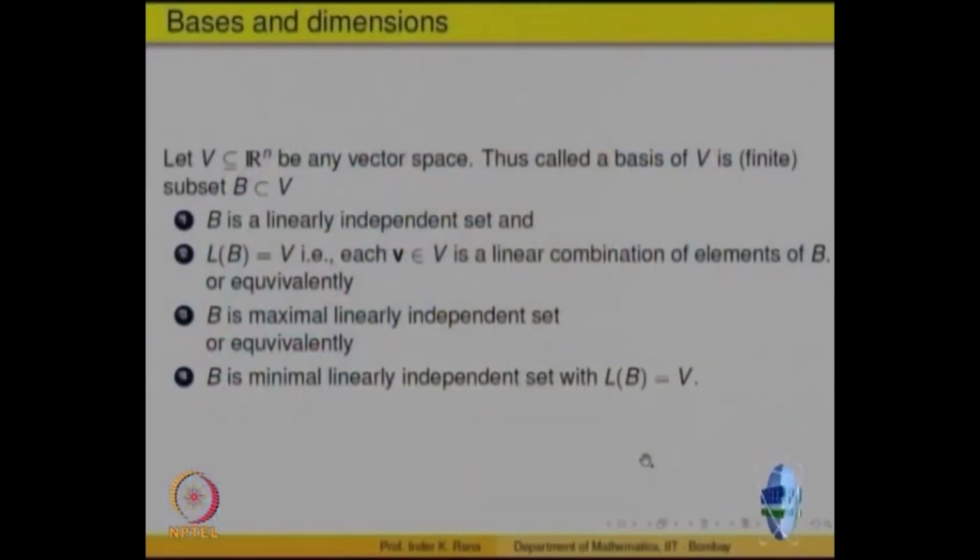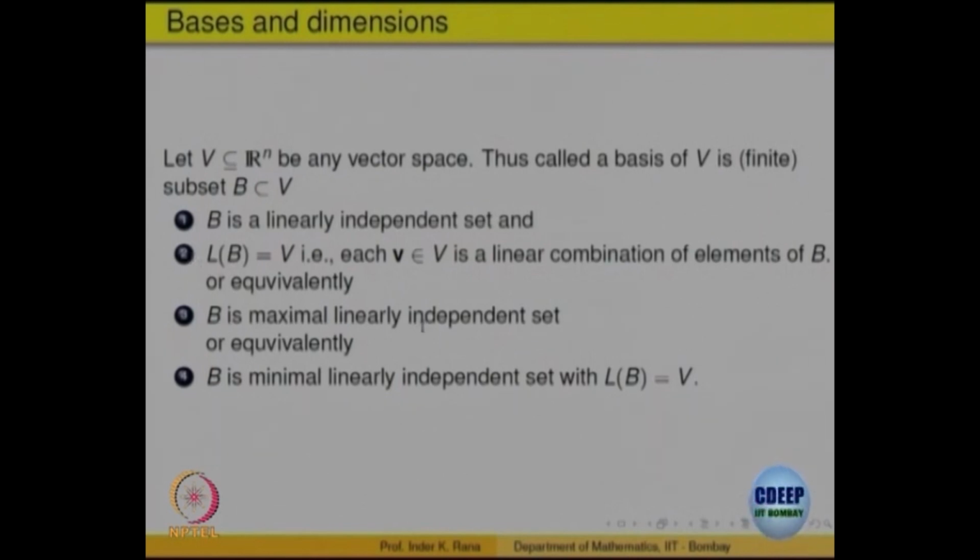Let me recapture all this in this slide. B is a linearly independent set, and this 2 is a redundant thing, it should not be there. B is linearly independent and the span is V. So the itemized numbering we should remove.